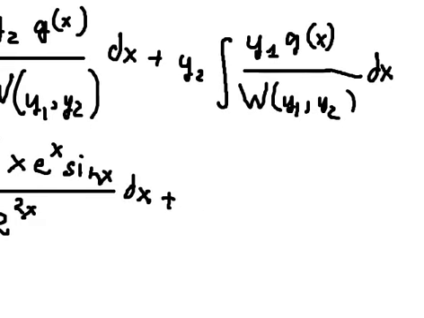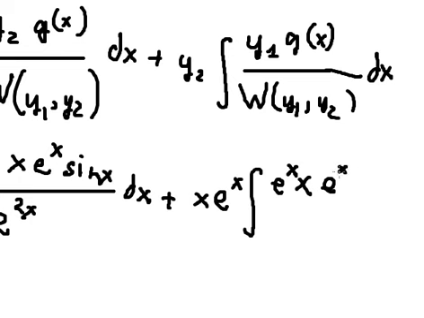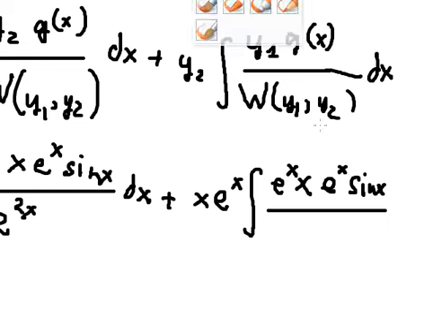So y2 is s e to the power of s. This one we have e to the power of s. g of s is s e to the power of s sine s, over e to the power of 2s.